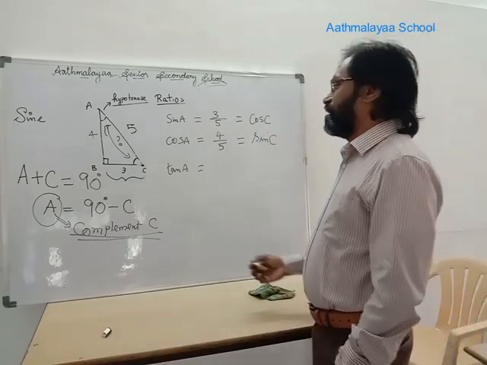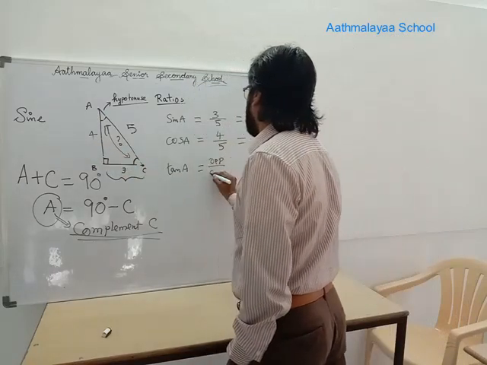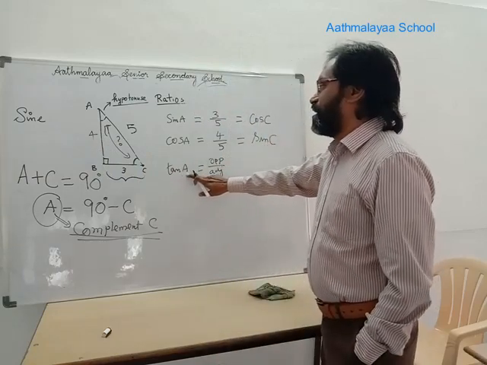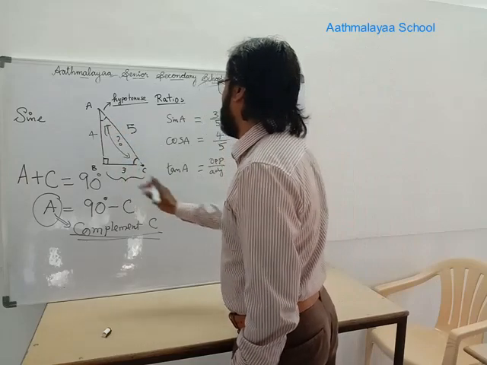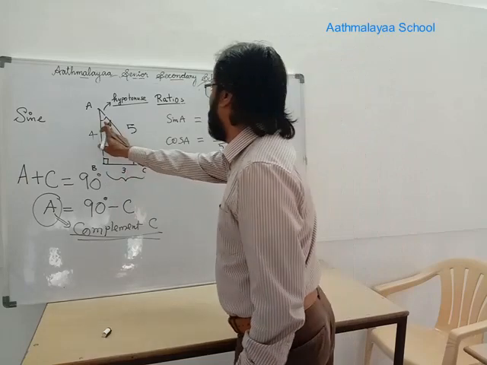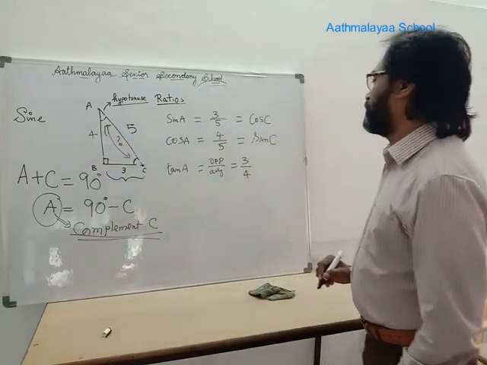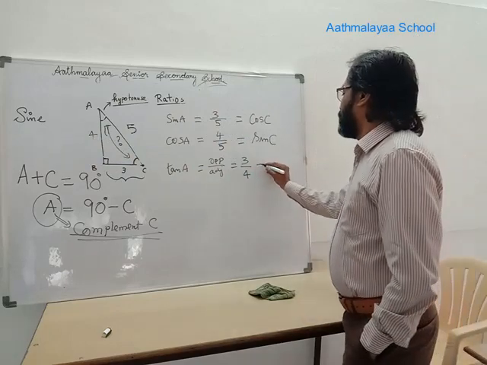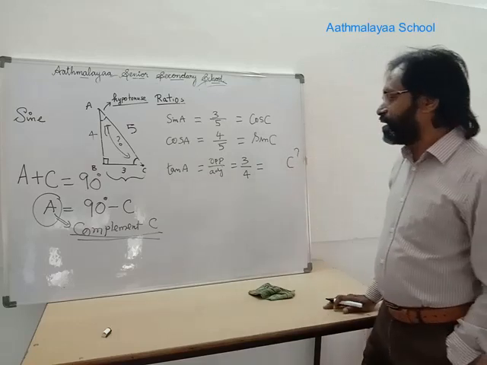Now tan A, opposite by adjacent. Opposite of what angle? It is opposite of A. So angle A's opposite is 3, angle A's adjacent is 4, so 3 by 4. Opposite by adjacent. Okay, which we can write in terms of C. What is it? I didn't mention earlier.